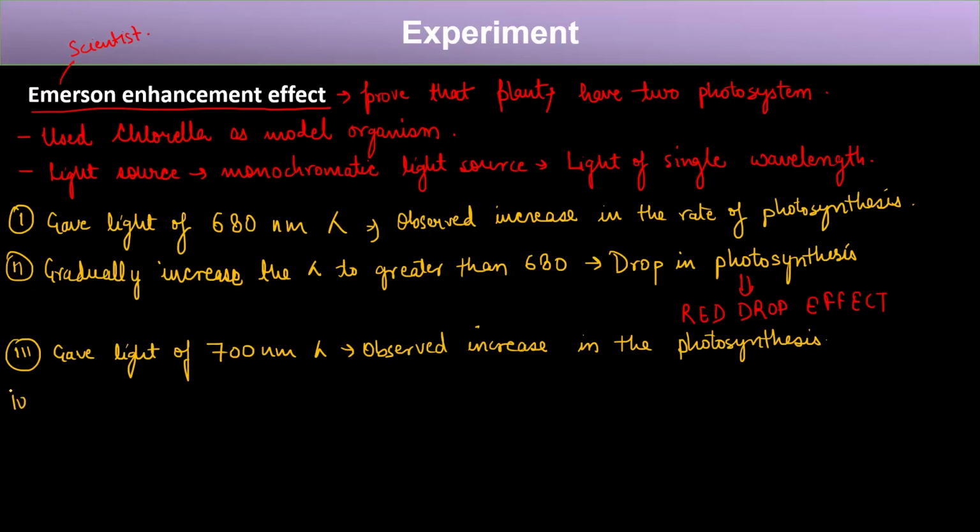Then fourth, he thought, let's combine both 680 and 700 nm and see what happens. So he used two light sources, one of wavelength 680 nm and another of wavelength 700 nm, combined.